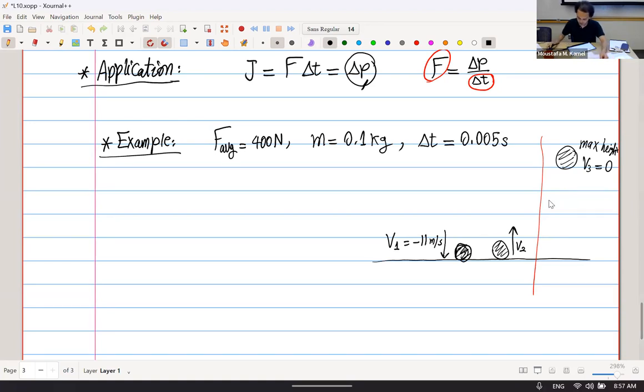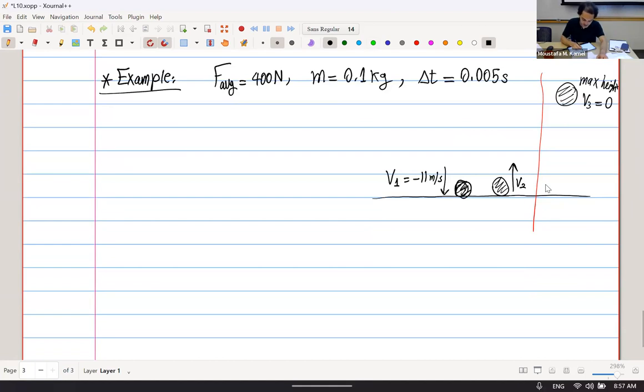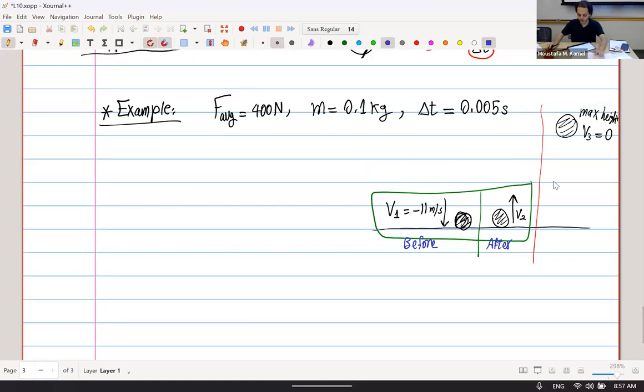Okay. So we must divide it into 2 parts. The first part, the collision itself, is divided into 2 parts, before and after. If you want to call it after number 2 or something, but we're calling it 1, 2, 3.